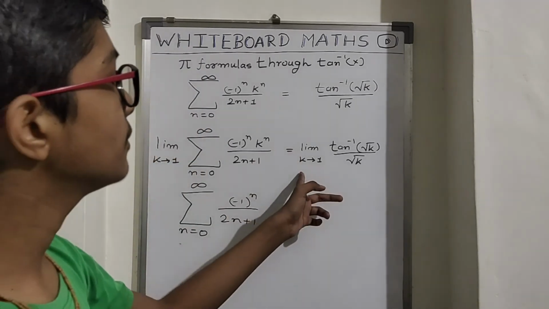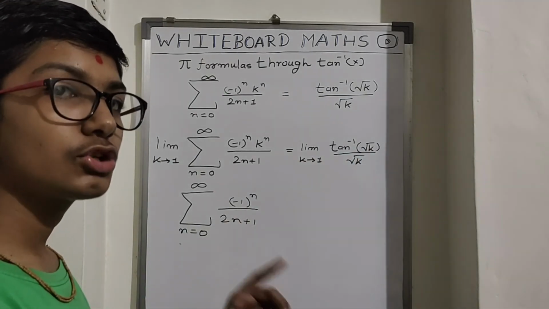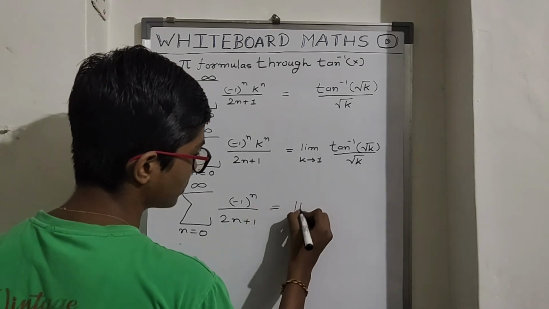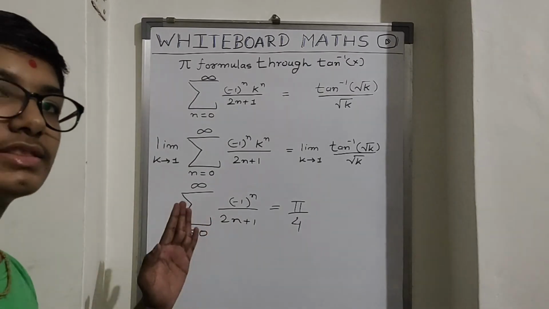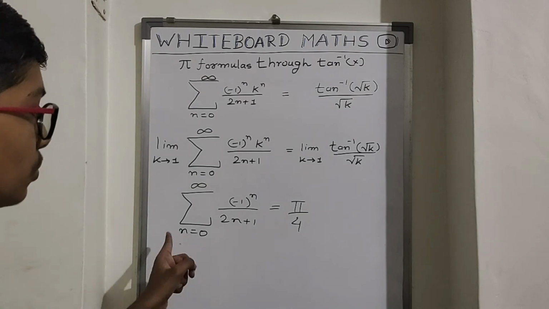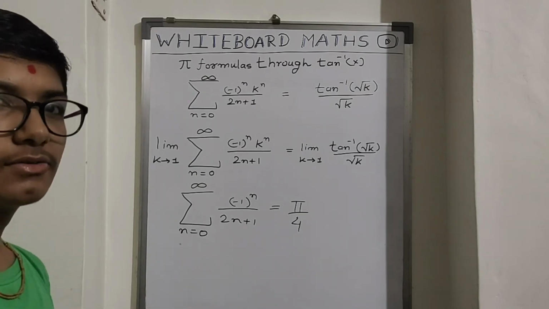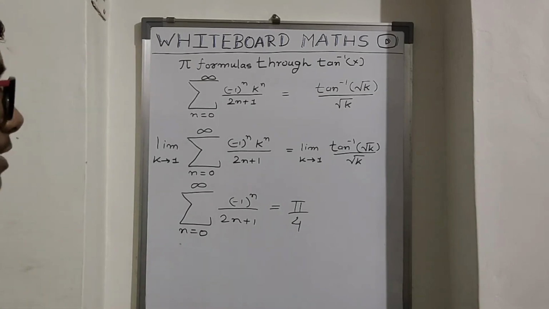We would be left with the inverse tangent of 1, and that equals pi by 4. And this is our first formula, and you would know this formula as the Madhava-Leibniz series, and this is a very famous one.